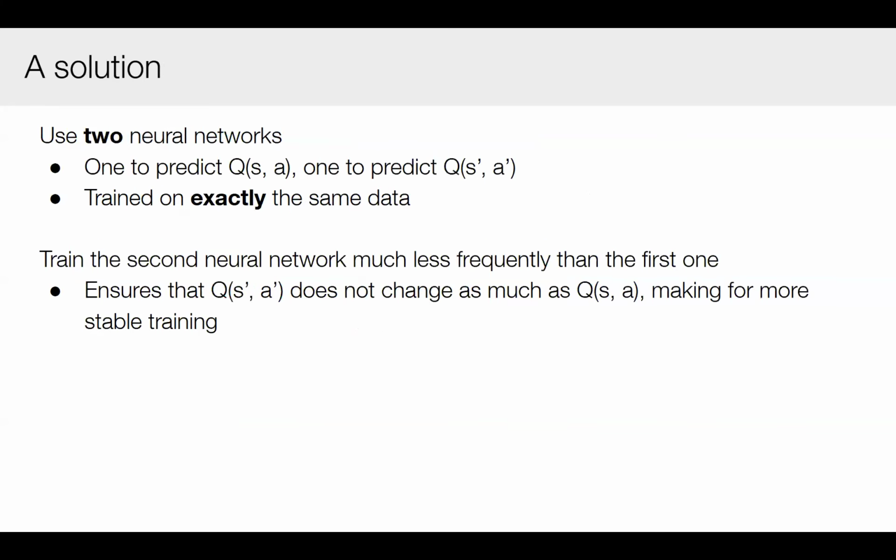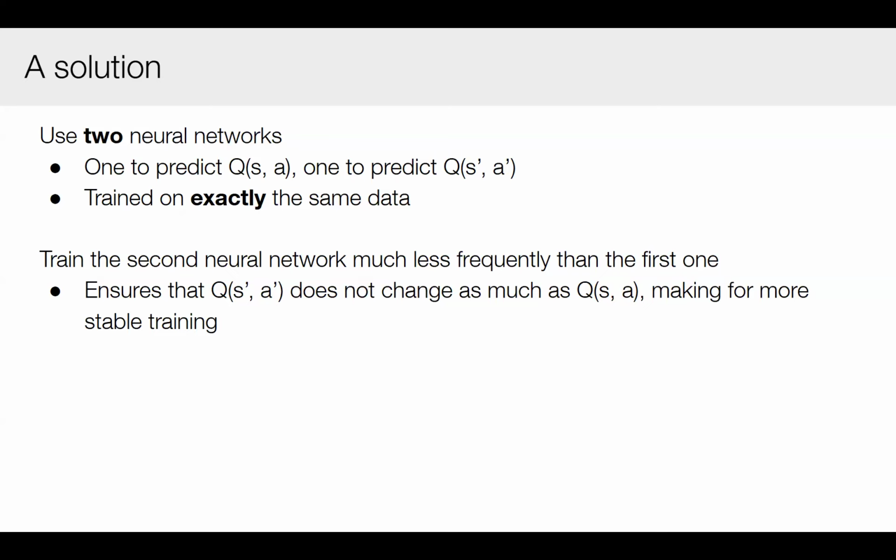So a solution to this problem is to use two neural networks. One to predict Q of S comma A, and then one to help estimate the rewards with Q of S prime, A prime. These are going to be trained on exactly the same data, so they're going to be very similar. The only difference is that our second neural network, which predicts Q of S prime, A prime for the return estimation, will be trained less frequently than our first neural network.